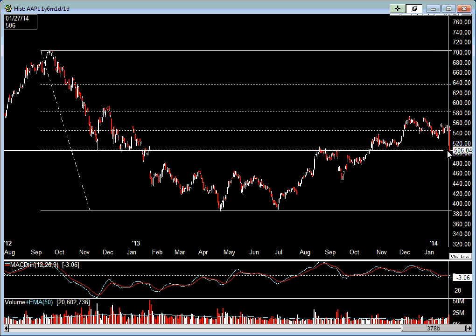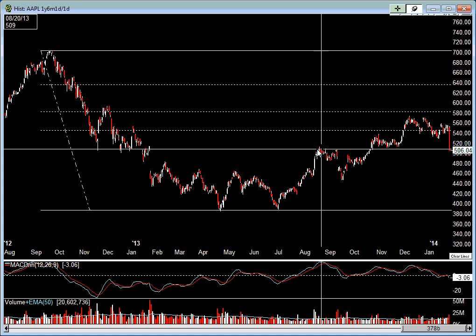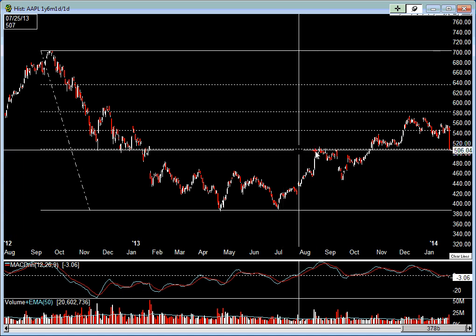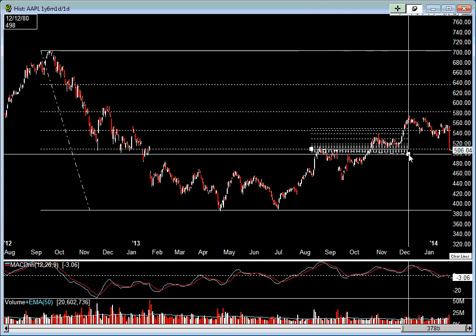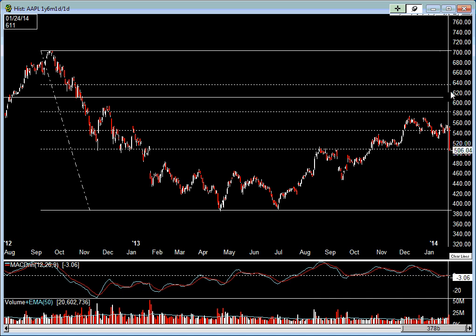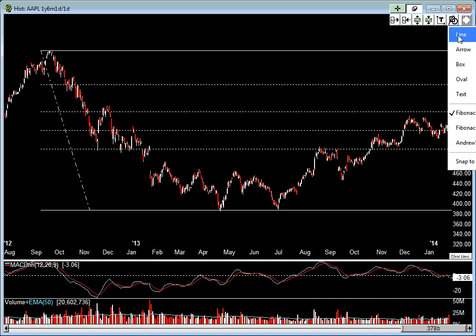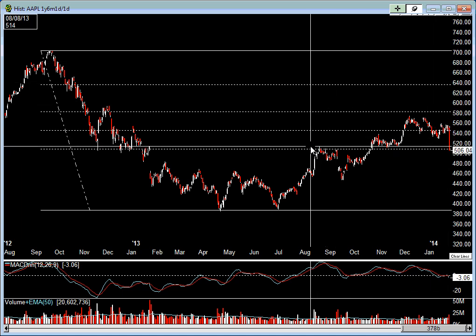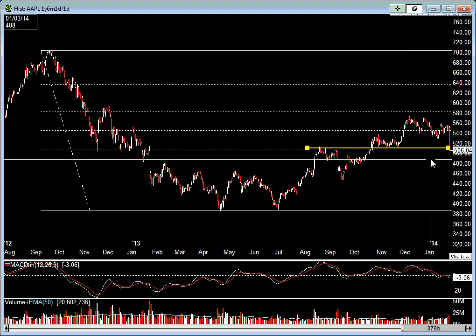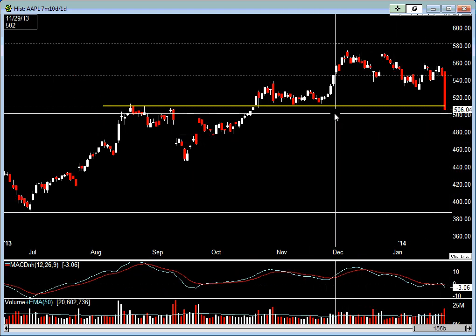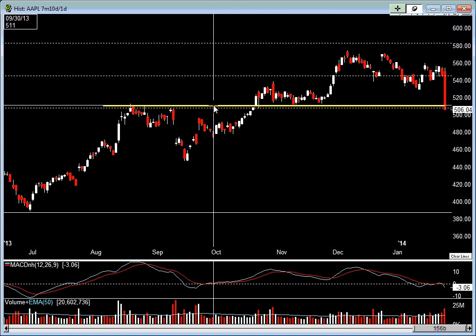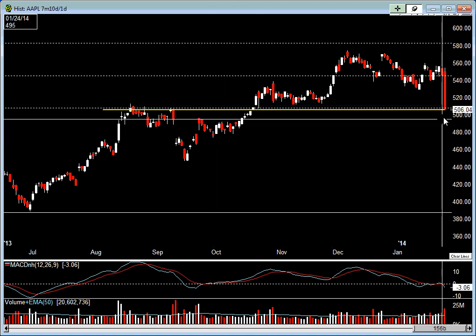So there's a little point of confluence here between 500 and 506, and you also see some sort of a support and resistance line here. Let me draw some trend line here. So essentially you do see some sort of a confluence where we might find some support that could give us a bounce.